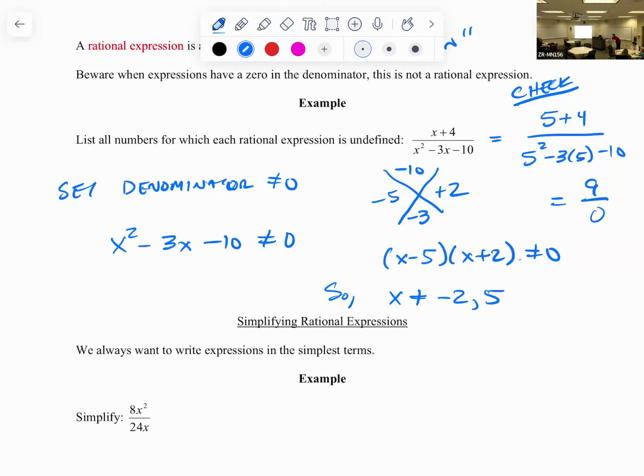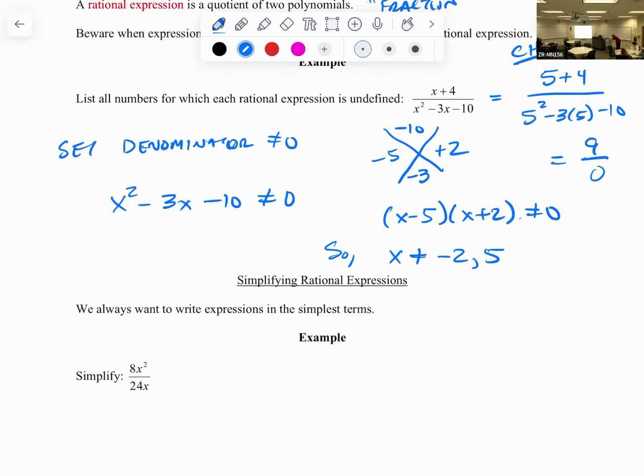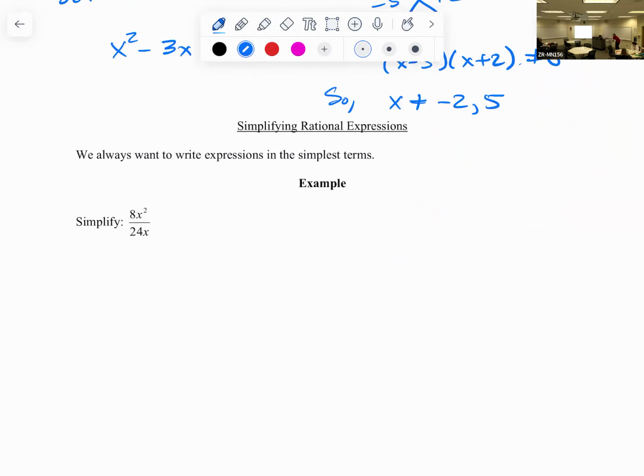And I could check it with -2 as well. All right, so again, we always want to write our expressions in the simplest terms. A lot of our instructions say simplify. Especially when it comes to fractions, we always want to simplify.